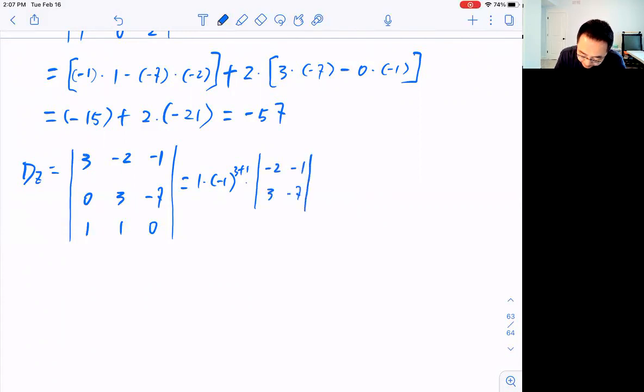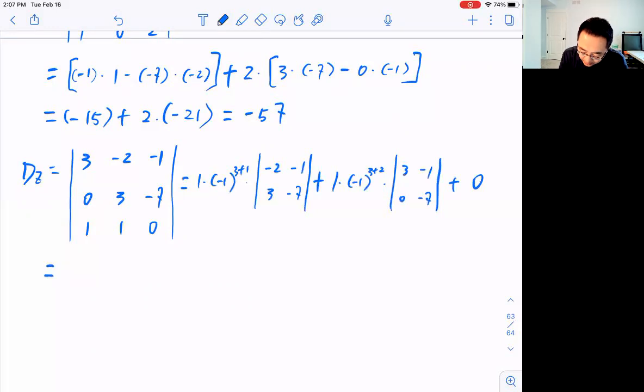Plus this 1 times negative 1 right here, this 1 raised to the third row, second column. So 3 plus 2 times its minor, which is getting rid of these 2 row and column. So you get 3, negative 1, 0, negative 7. Then plus 0, that's the third term.